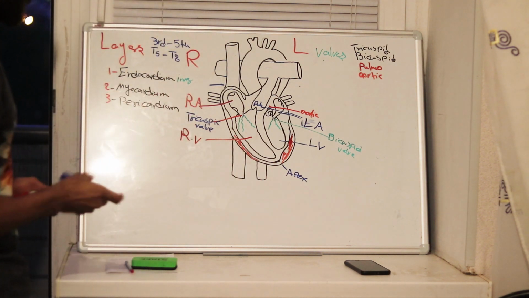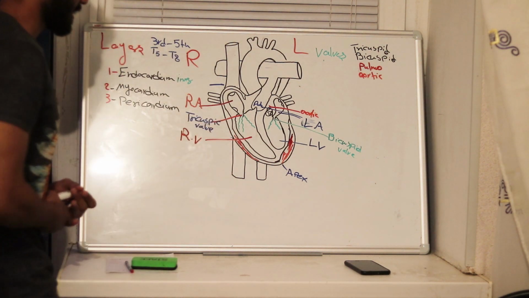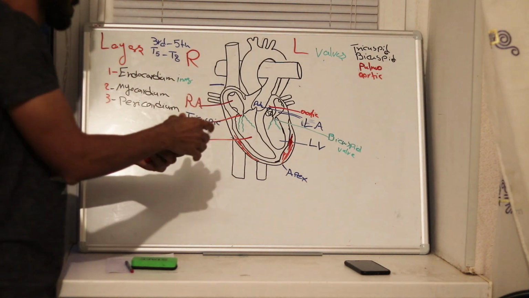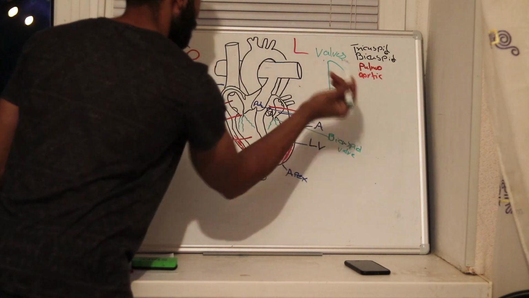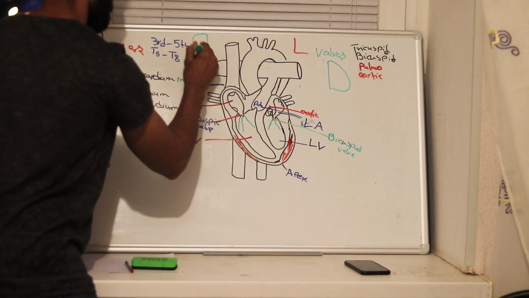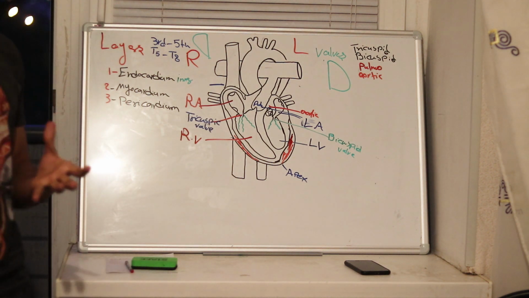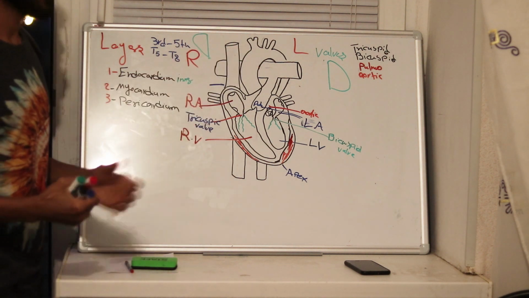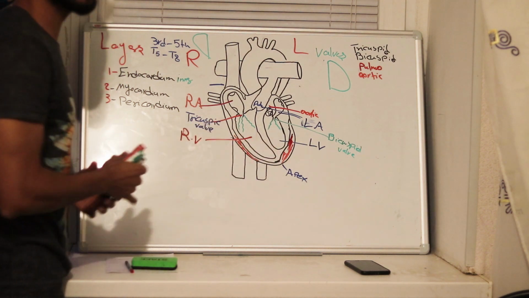Why? Because the right ventricle contains blood that just flows to the lungs. Let's say here the left lung and here the right lung. No need for huge pressure to pump to the lungs. But the left ventricle has a thicker muscle.